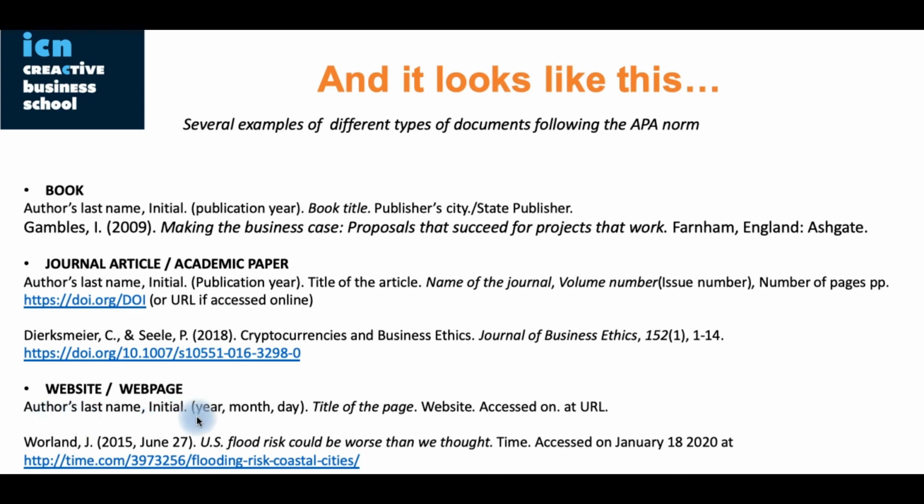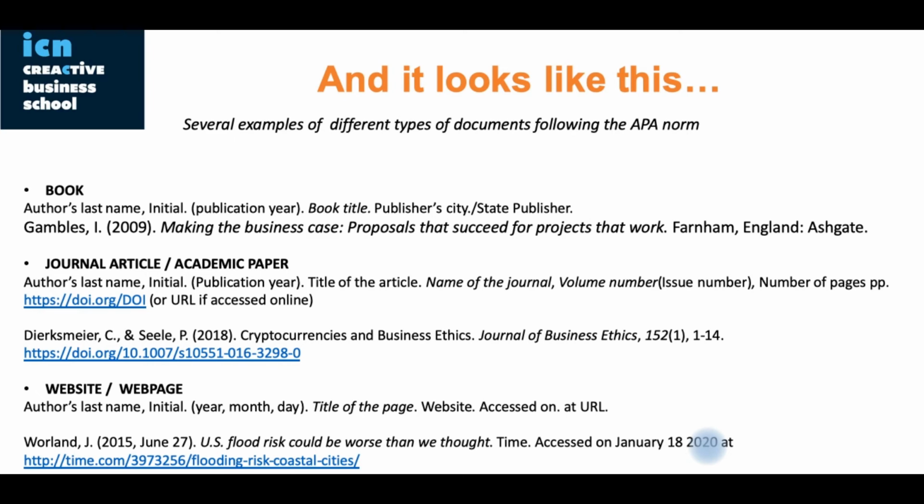So, same as before, here, the title of the page and the website. And you need to also tell your reader on what day you've accessed that resource. So you will put the date, the full date here. Because if you submit something today and in 2 years' time you've got someone who looks at it, that person will need to know that this resource was available at that time.